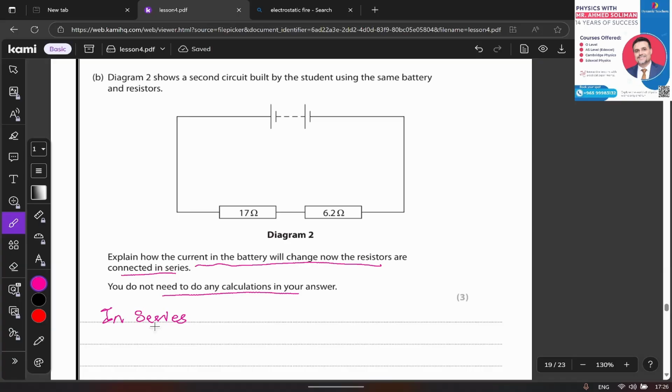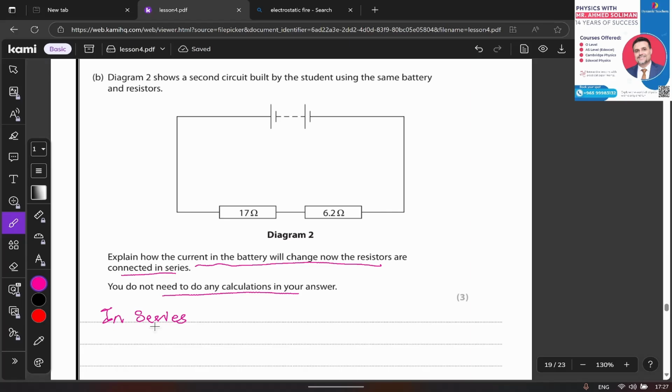If you don't know, I can ask Ahmed. In the series circuit, the current stays the same.